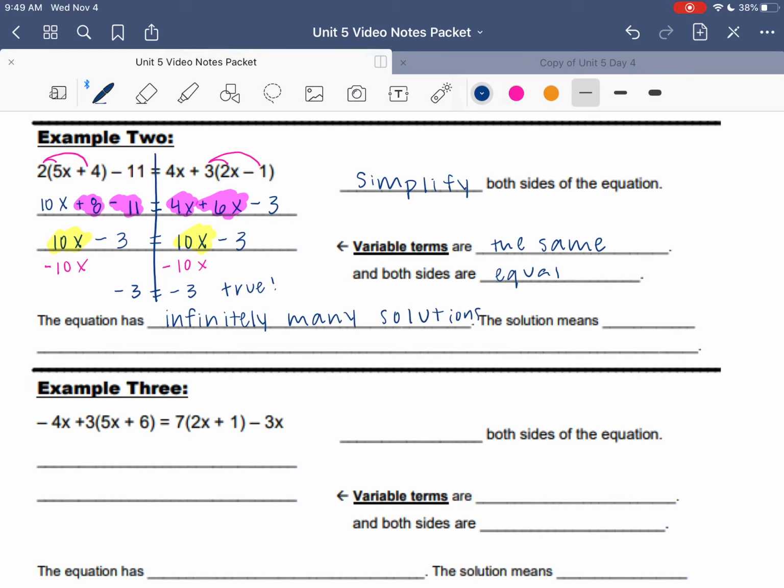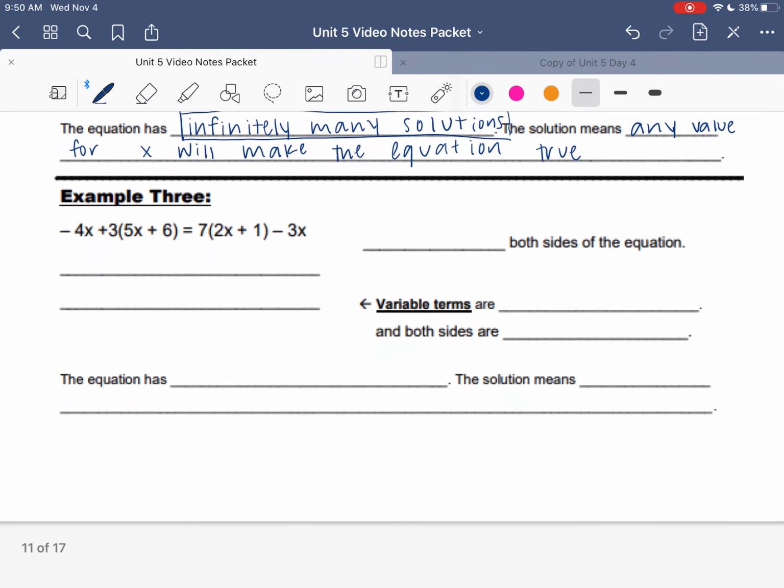And what that means is that any value that we substitute in for x will make the equation true. And so again, we would say that our answer is infinitely many solutions. So if I was going to box my answer off, I would box that statement off.